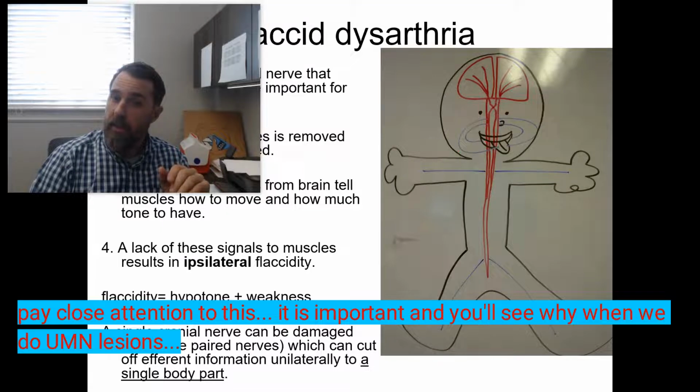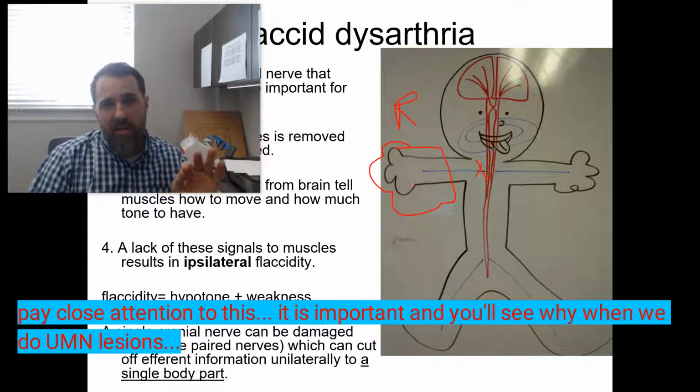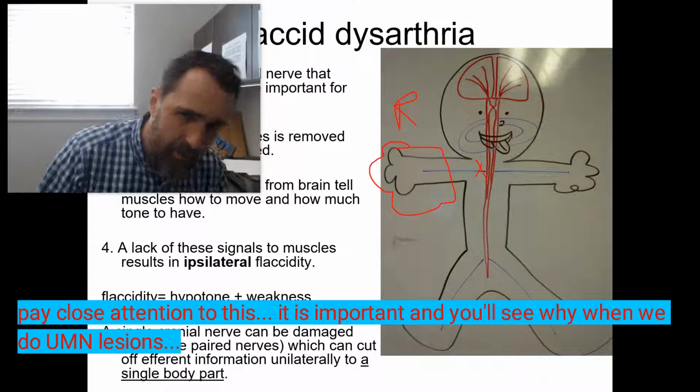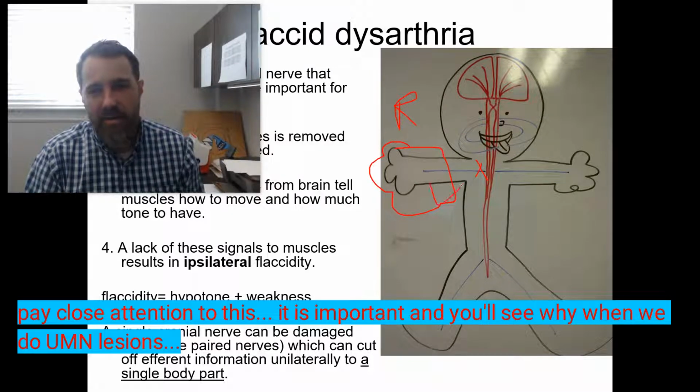So for instance, looking at the gingerbread man, if you damage a right spinal nerve going to the arm, then the right arm is going to be flaccid, and that flaccidity is going to be ipsilateral, meaning on the same side of the body as the lesion.